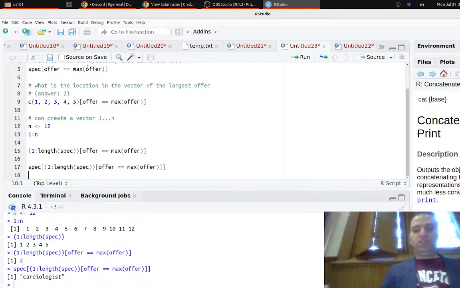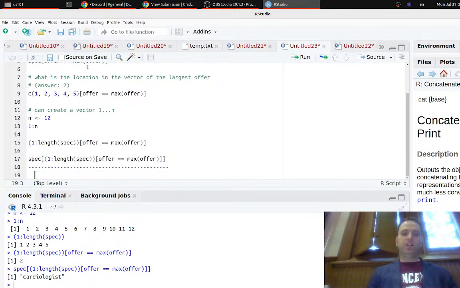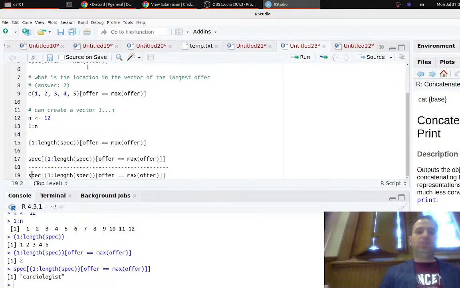Let's maybe trace it, because I feel like some people might be confused a little bit. How do I do this? Well, again, I substitute as much as I can as soon as I can. Here, what can I substitute? Length of spec, I know, is 5.